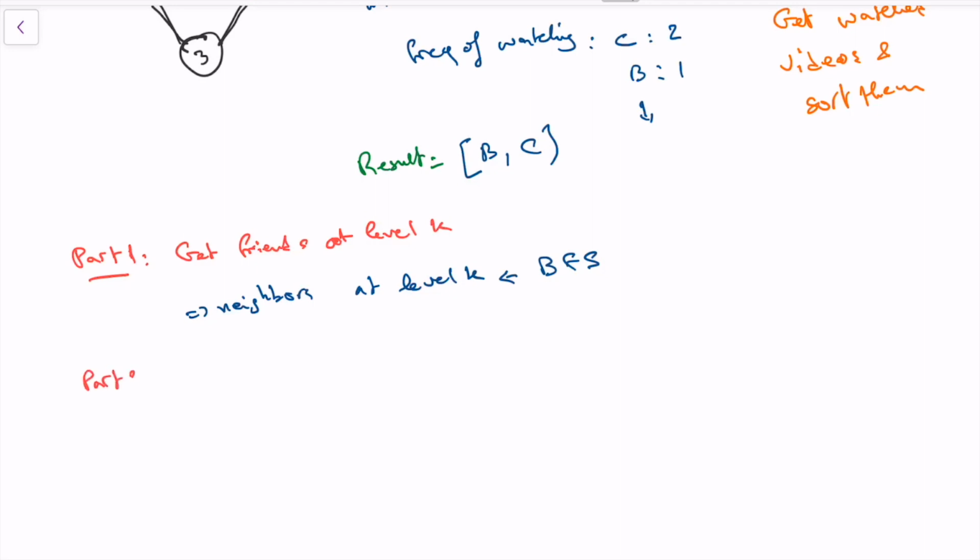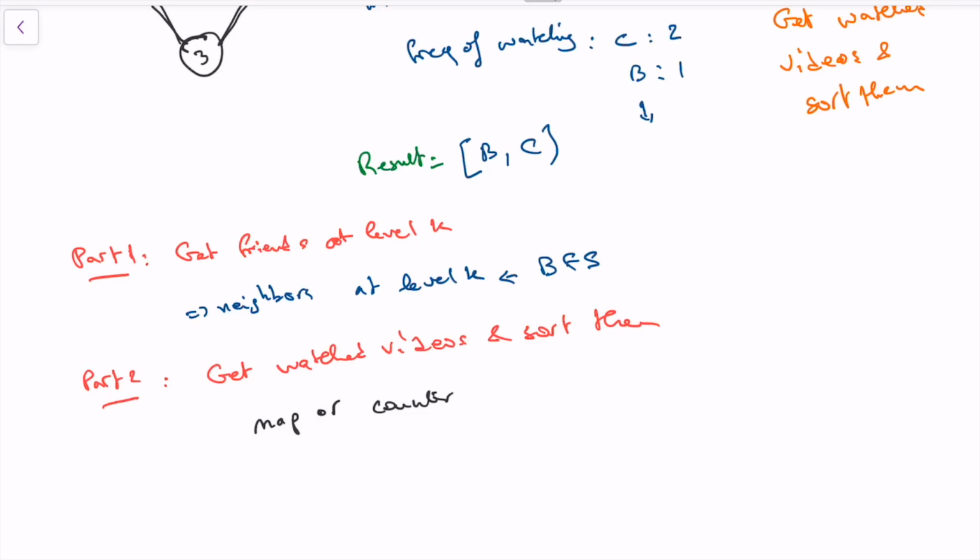Now part 2, which is get watched videos, right? And sort them. And so to sort them, we need a map, just a counter, right? That just says how many times each movie has been watched, so a map, or a Counter in Python, to just count how many times it has occurred, and then we can sort using that.